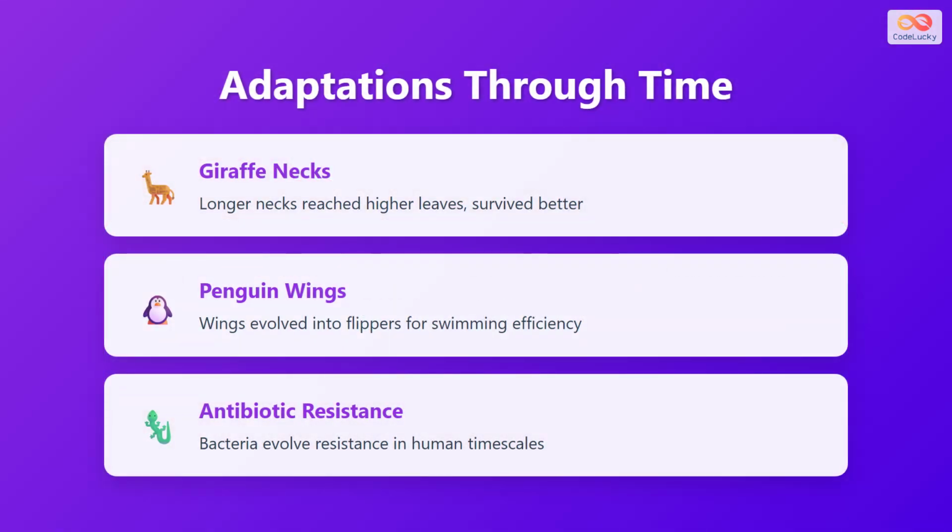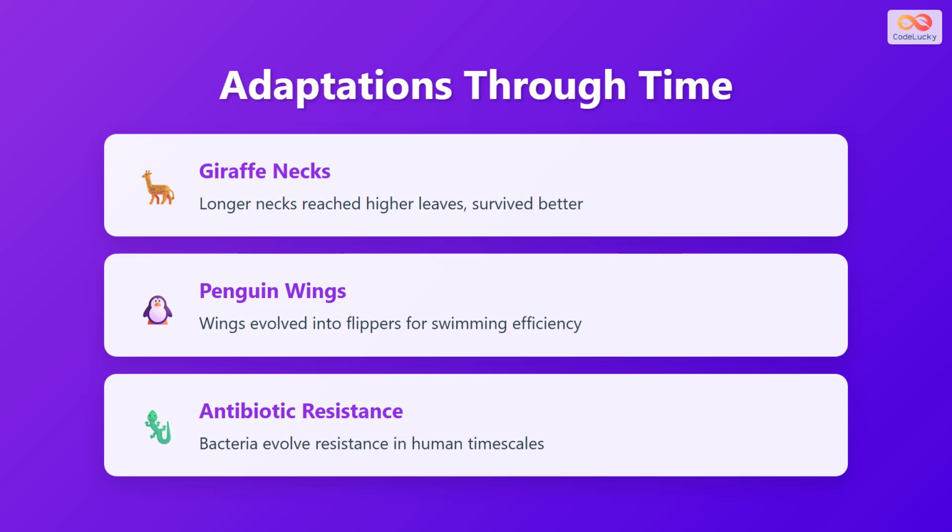Natural selection has produced countless remarkable adaptations throughout evolutionary history. Giraffe necks provide a classic example. Individuals with slightly longer necks could reach higher leaves on trees, giving them access to food others could not reach. Over millions of years, this advantage led to the extremely long necks we see today. Penguin wings evolved into flippers optimized for swimming rather than flying, as aquatic hunting provided better survival opportunities.